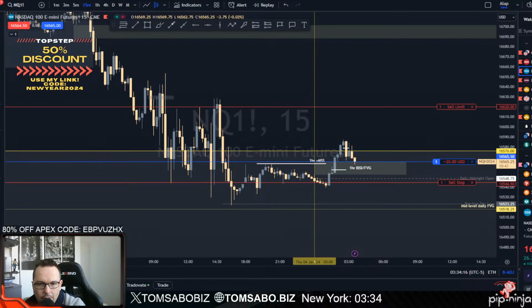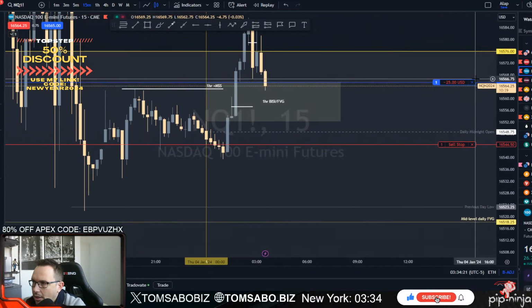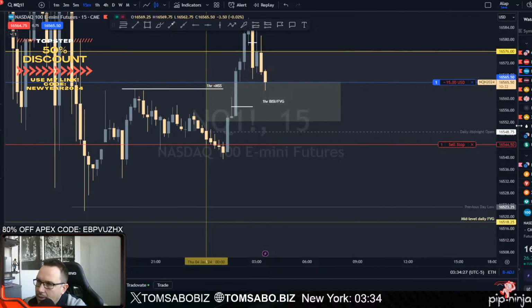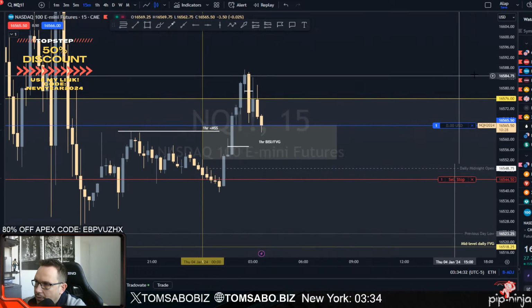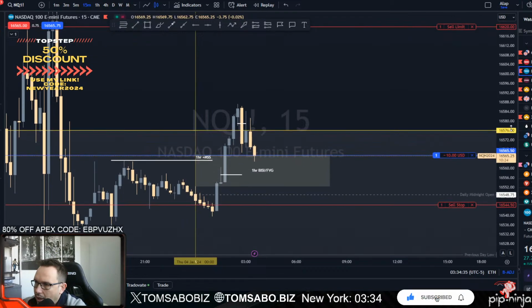Gabriel, what's your entry and stop loss? Well, you can see it right here. My entry is at 565.50. My stop loss is 44.50. And I'm looking to take profit up here.